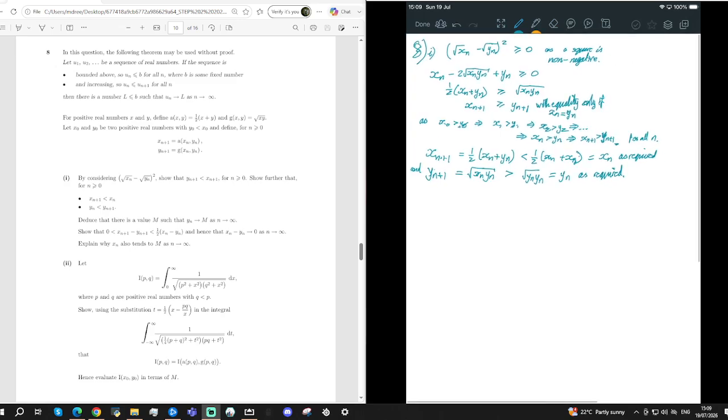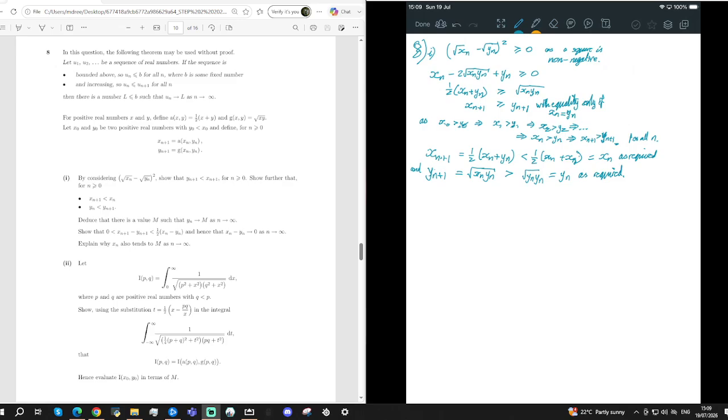Okay, nice. So we have some sequences here. In particular, we have that the yn sequence is increasing. The xn sequence is going to be decreasing, and as mentioned at the beginning, the theorem at the top does work for decreasing as well as increasing.